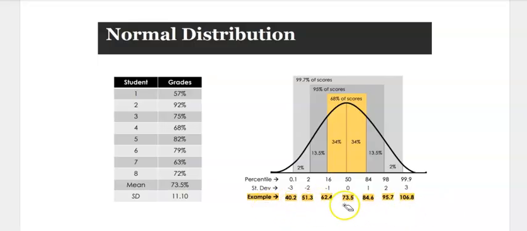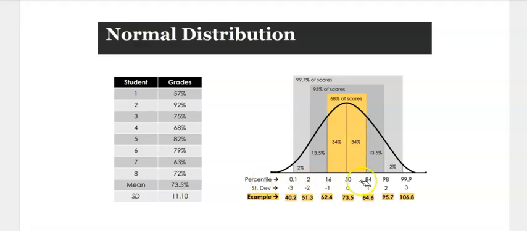So that is a very clear indication of how you interpret the percentile and standard deviation. Here is one example. The mean value is 73.5, and the standard deviation is 11.1. This is the standard deviation one area; this one is deducted by 11.1. And then you can see the percentile going up and going down by the same amount.